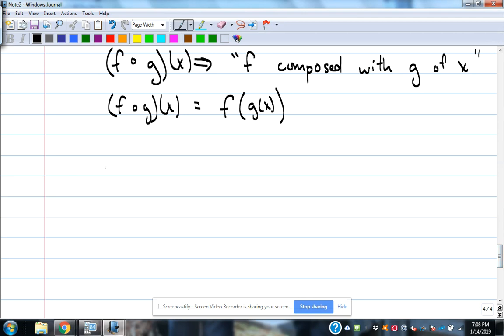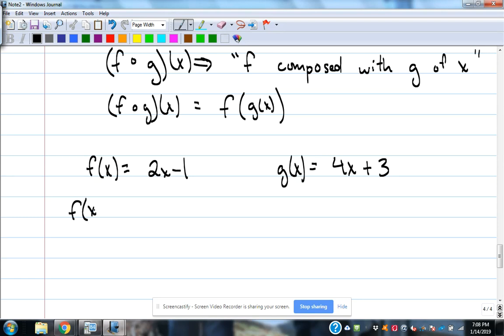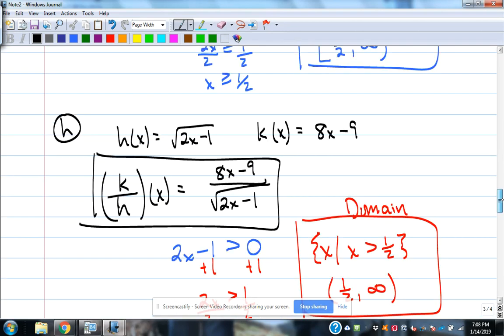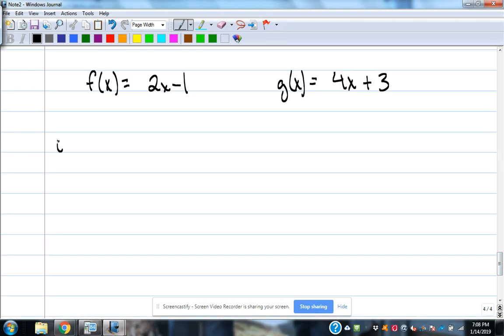All right. So let's take a couple of functions. Let's say we have f of x is equal to 2x minus 1, and g of x is equal to, let's do something simple, 4x plus 3. Let's find, for example, I don't know what letter we're on, example I. Let's find f composed with g of x and the domain.